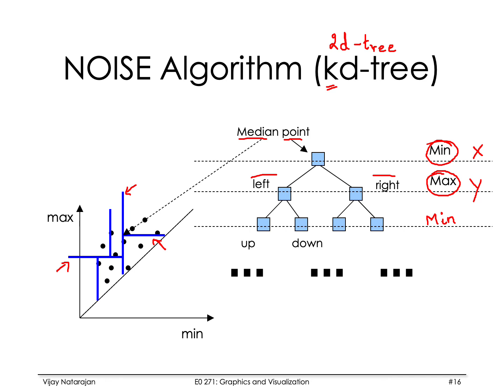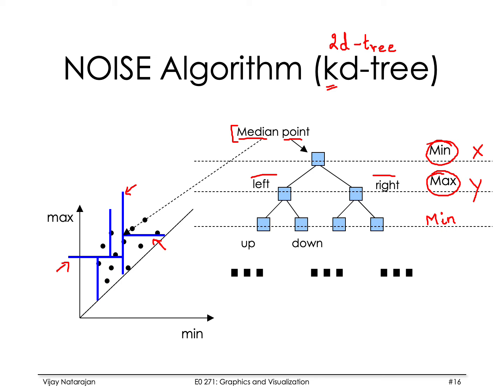Similar to the octree or the quad tree, this can be constructed very efficiently. Finding the median can be efficient. You may have seen a linear time algorithm for computing the median. So there are efficient algorithms for constructing the KD tree and for querying the KD tree.